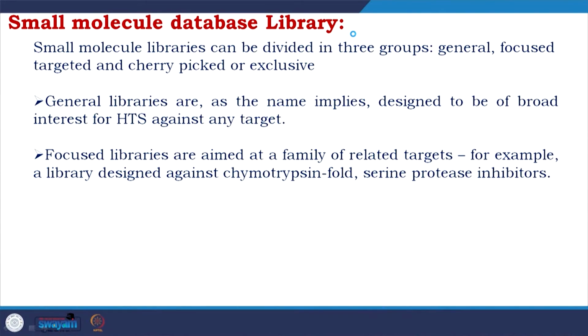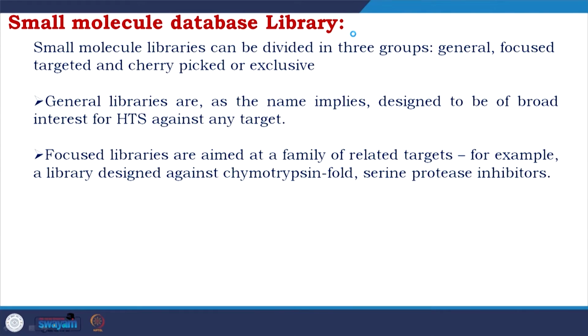Focused libraries are aimed at a family of related targets. They are not specific for one protein, they are targeting a family. For example, a library designed against the chymotrypsin fold. You know that chymotrypsin is a protease.